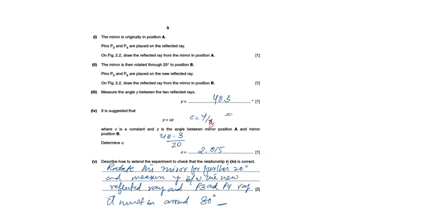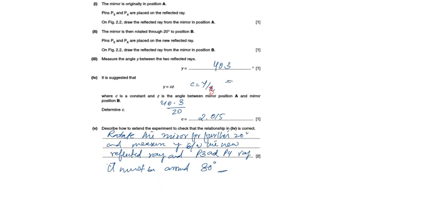So describe how to extend the experiment to check the relationship. Very simple. If we plot a line graph between y and z, we will always get a straight line, right? That means the ratio is always constant. So rotate the mirror a further 20 degrees.